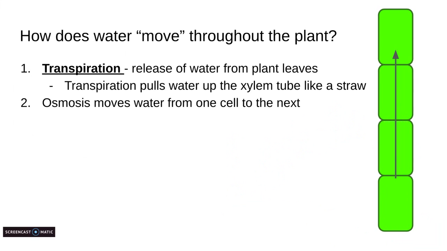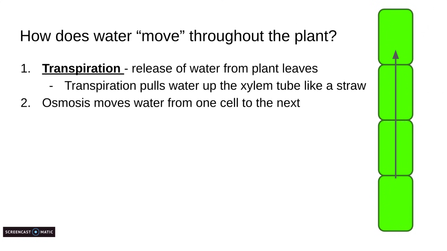Now, we also have something called osmosis, and we actually call this successive osmosis, okay? And osmosis, we've already heard about. Remember the movement of water from high to low? So what happens is we remove some of the water up here, right? There's less water up here because it's evaporating. And so because there's less here and there's more here, it moves into the next cell.